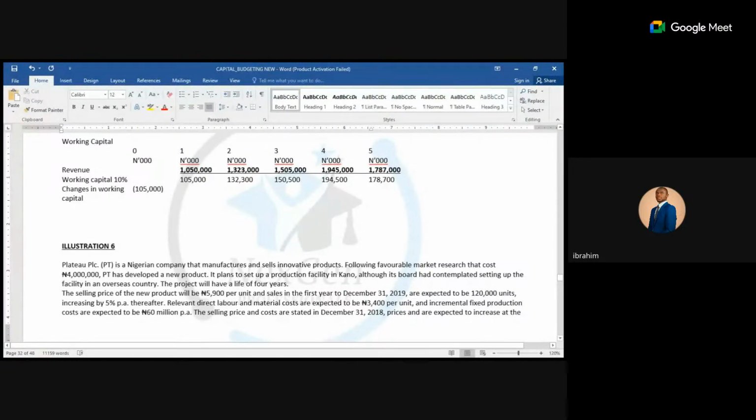Don't worry, we will get to free cash flow as well, whereby we will use these terms, right? You can see that it will reduce your cash flow. An increase in working capital will reduce your cash flow, while a decrease in working capital will increase your cash flow. Now, from 105 to 132,300.